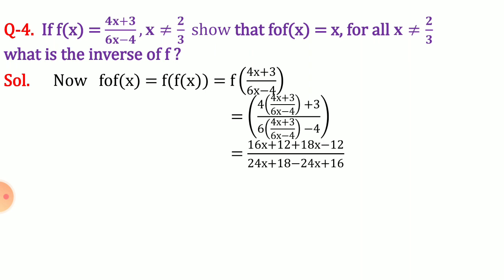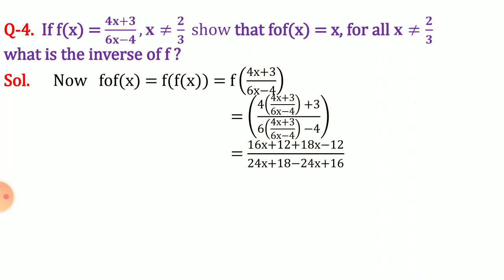Similarly, 6 times 4 is 24x, 6 times 3 is 18, minus 6 times 4 is minus 24x, and minus minus plus, 4 times 4 is 16. So plus 12 minus 12 cancel out, and 24x minus 24x cancel out.